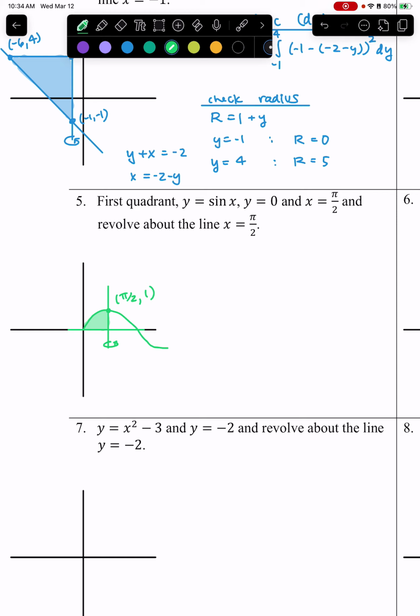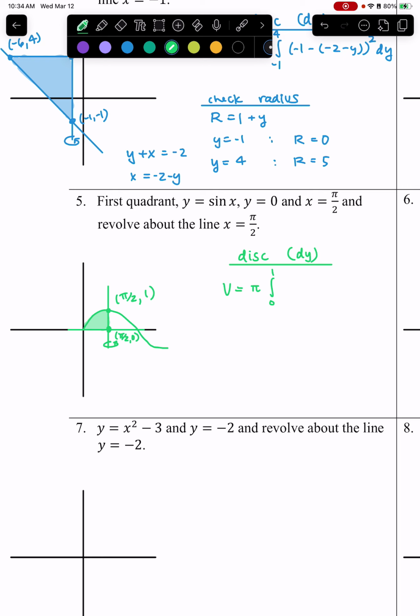So I take it this is the region they want us to use. Okay, so we're going to do disk method. And about that x line, we're going to have a dy integral. So volume is pi r squared. Pi, our y values go from 0 to 1. This point here is pi over 2 comma 0. 0 to 1 for y.